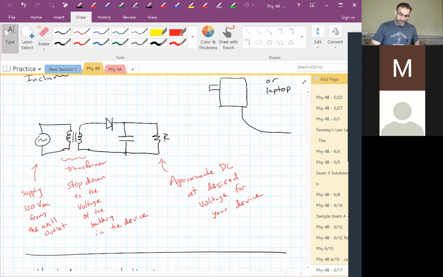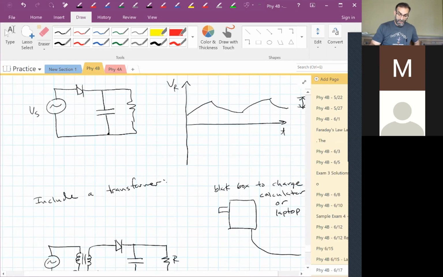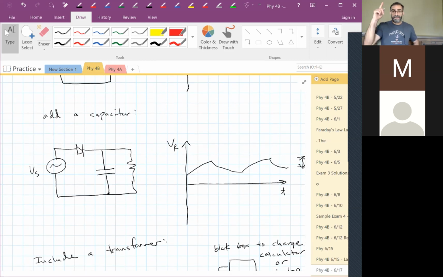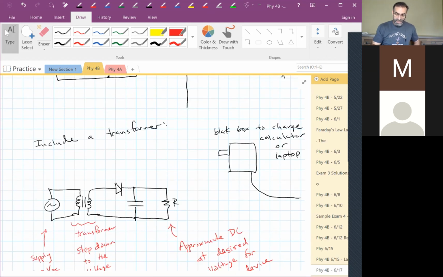So transformers are used for stepping up voltage, if you need a higher voltage output, like to run a neon sign or something like that, or stepping it down if you need a lower voltage output to power a battery operated device. In conjunction with the rectifier, very handy devices.